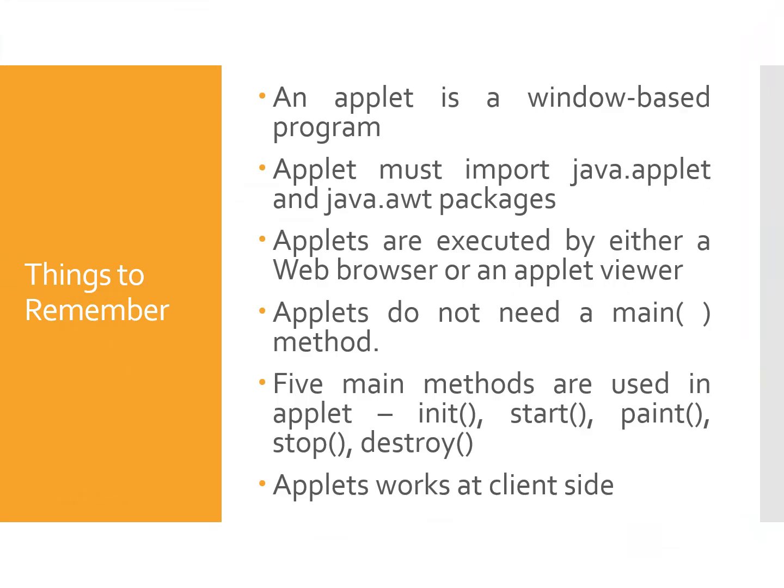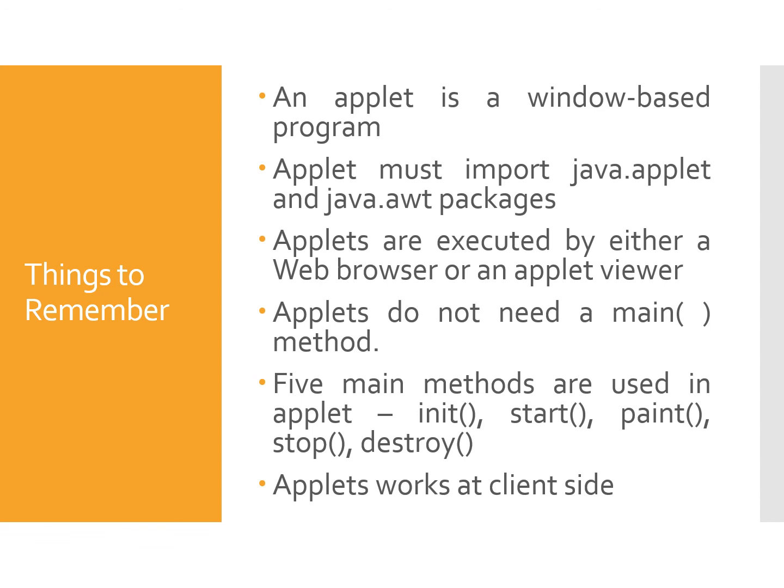We have discussed different applet concepts, the fundamentals of applets, and the applet life cycle. Then we discussed 2 examples of the applet. Here are things to remember. An applet is a window-based program. It must import 2 packages, applet and AWT.